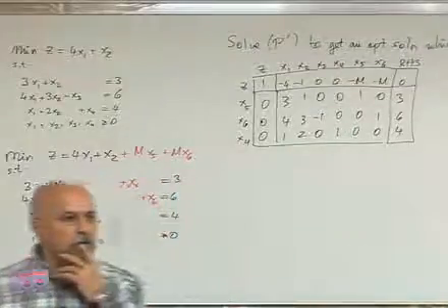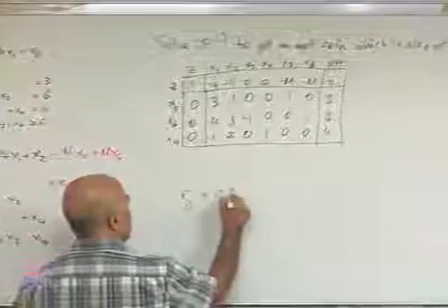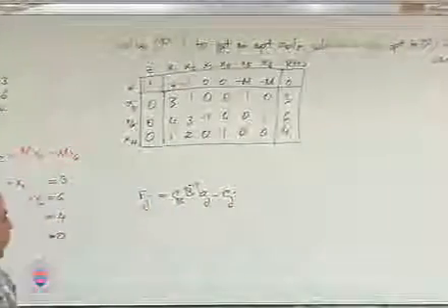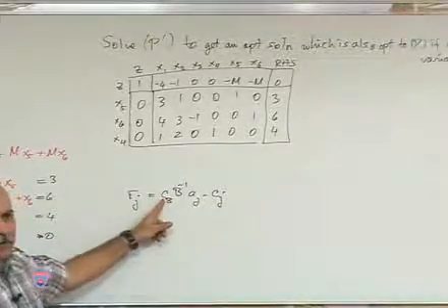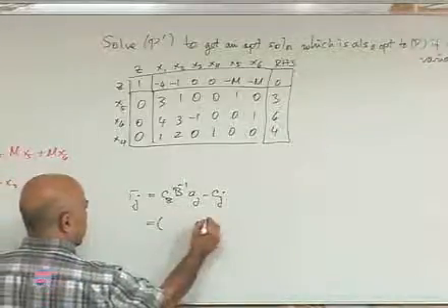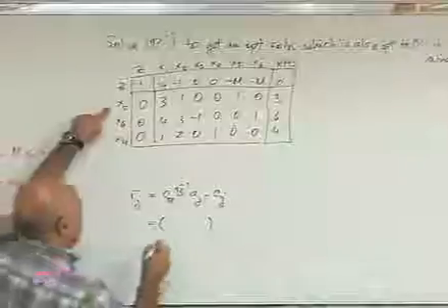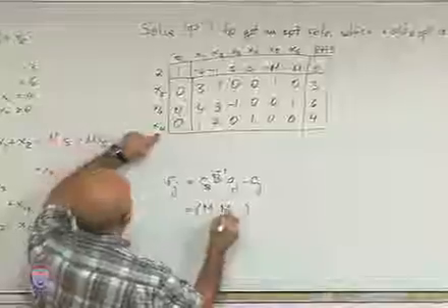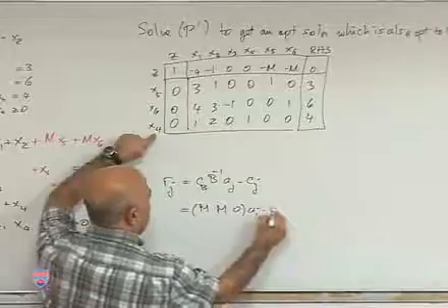You can compute your reduced cost using the definition Rj equals CB B inverse Aj minus Cj. This always gives you, that's the safe way of doing it. Of course, B here is identity, so what is CB in this case? It's the vector of costs associated with the basic variables. x5 has a cost of m, x6 has m, x4 has 0, times the appropriate column minus Cj.